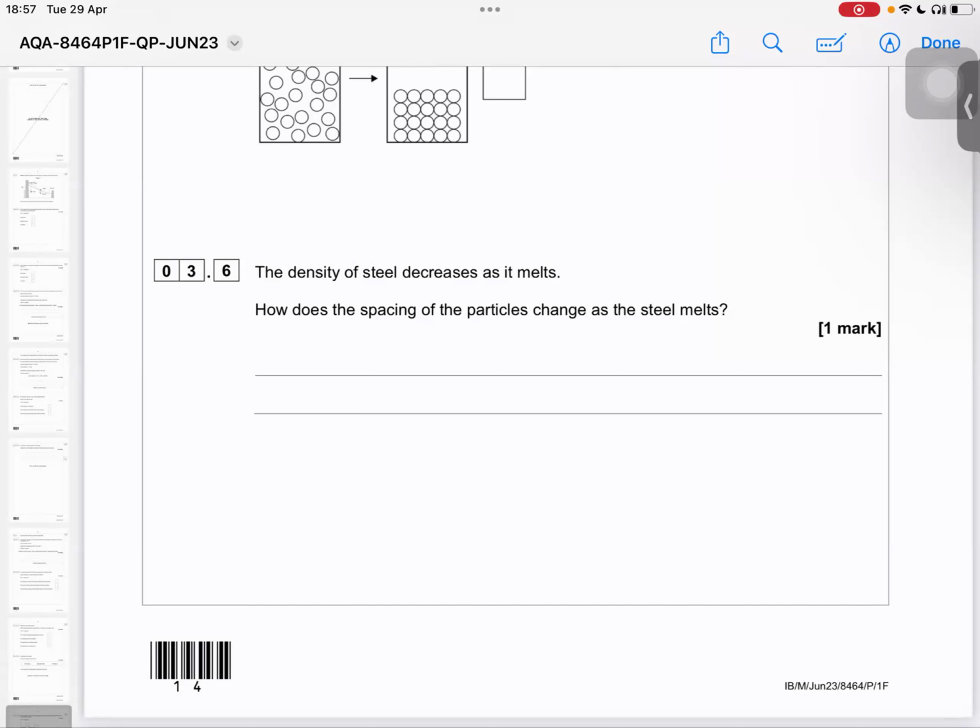In other words, when the denominator reduces, the one outside will increase, right? While the vice versa is the case. If the denominator increases, then the answer on the left-hand side will reduce. So that's what is happening here in this density thing. It means that the volume occupied by the particles increases.